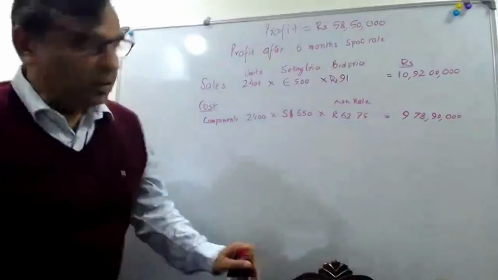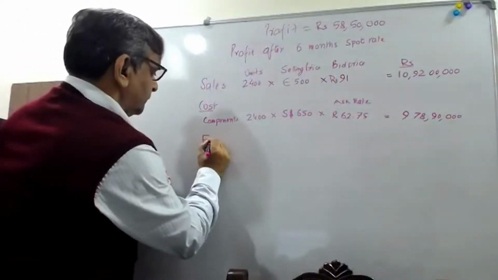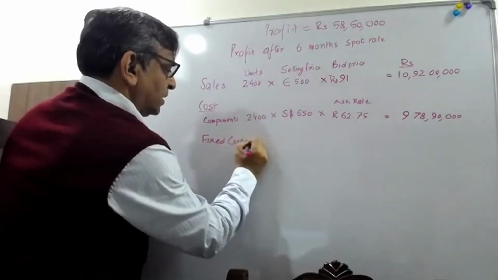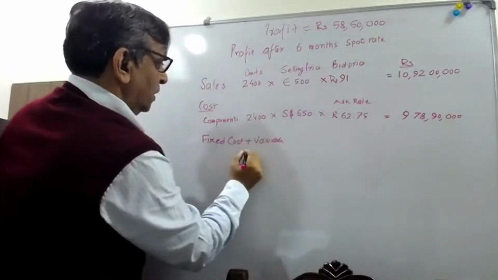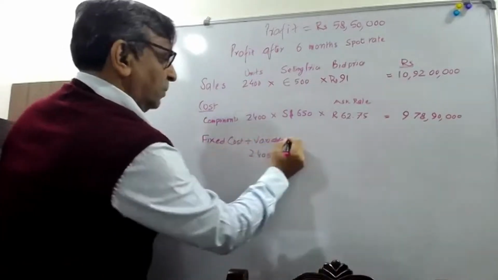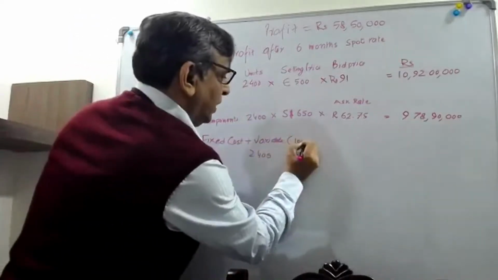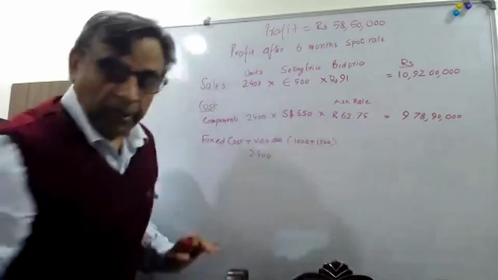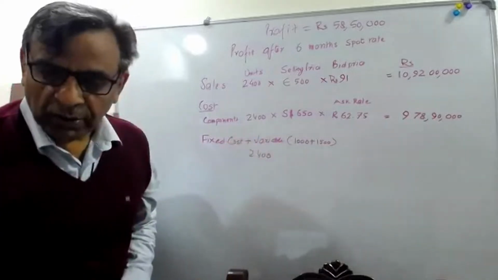Fine. And the fixed cost, the cost which is incurring in India, fixed cost plus the variable cost, on 2,400 units, is given as basically 1,000 rupees and 1,500. The fixed cost is 1,000 and the variable cost is 1,500.